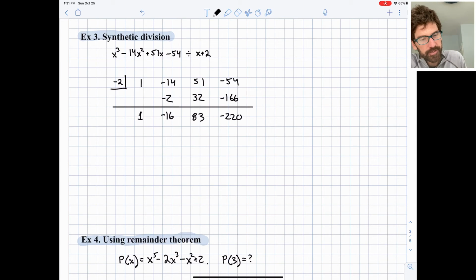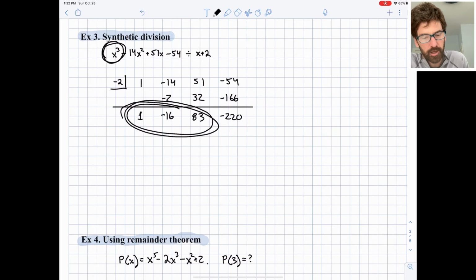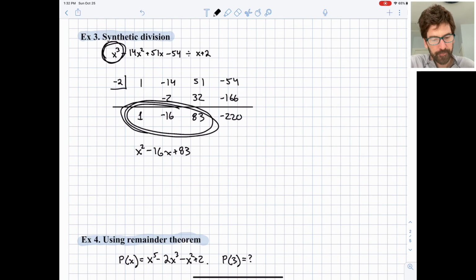Okay. We started out with a cubic term here. And so these are the coefficients in our quadratic quotient. And so we will write that out as x squared minus 16x plus 83.